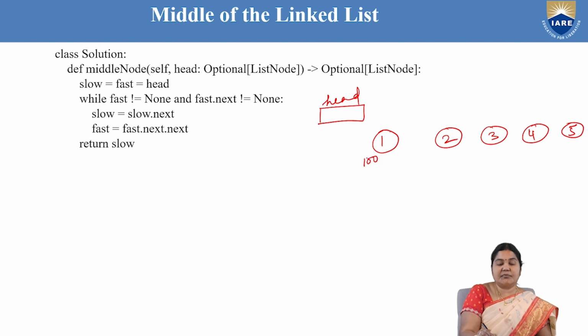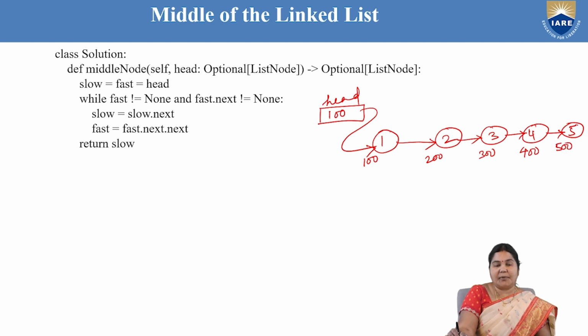Suppose the address of the first node is 100, head will point to 100, that is, to the first node. The first node contains the address of the second node, the second contains the address of the third node, and this way a single linked list is formed. In the last node, the address part will be null, to indicate that this is the last node.